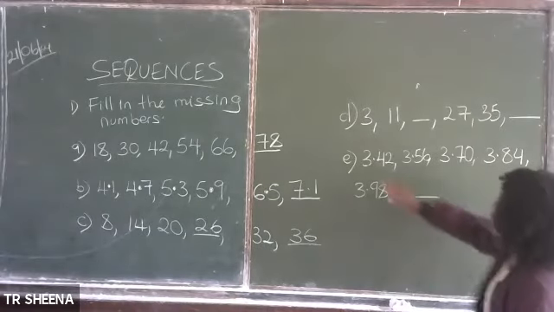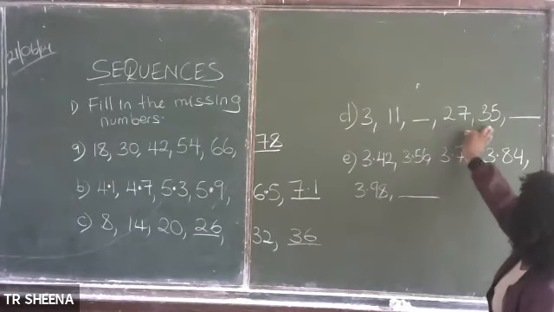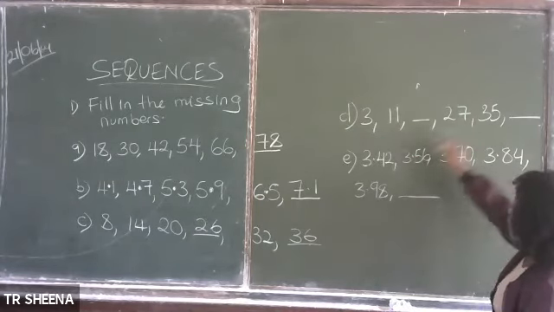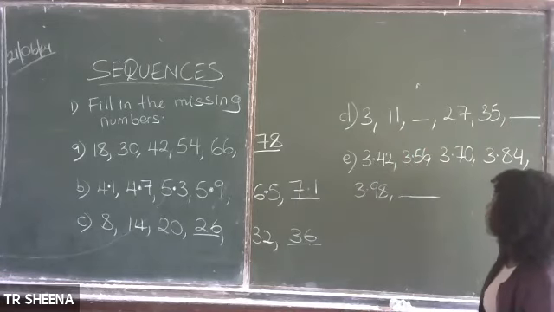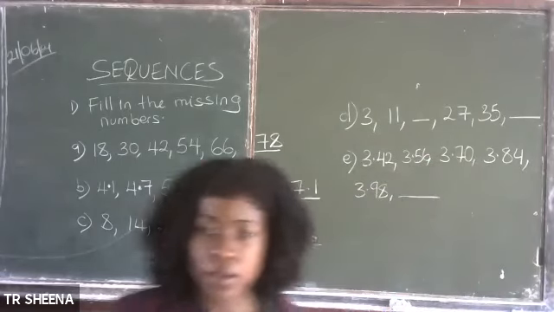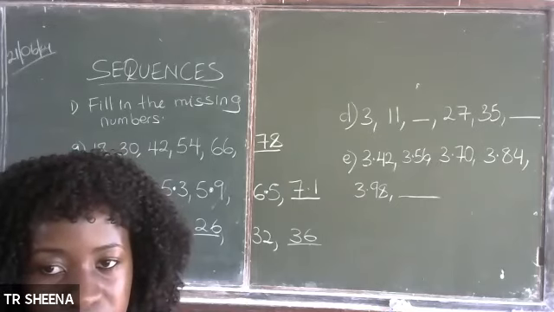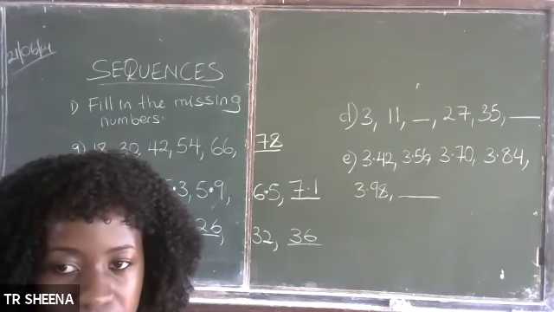Okay, since for part D they only gave us 2 pairs, we are going to try and use those two to see the pattern. So what is 11 minus 3? Because since it is increasing, we will definitely add. What is it? 8. Okay, I'm seeing some. Marilyn, are you giving it?